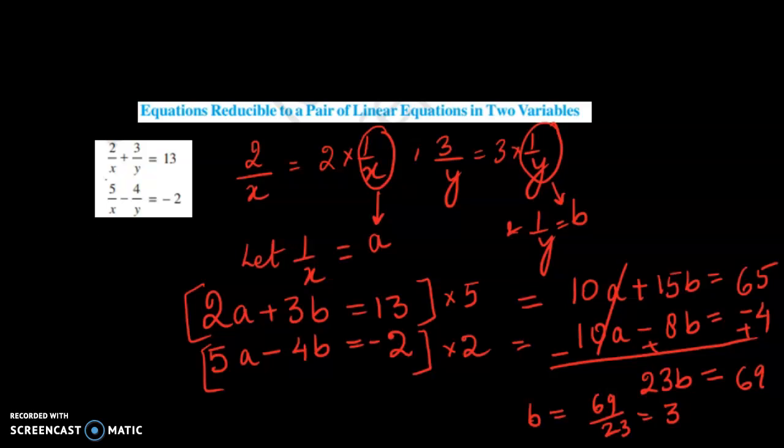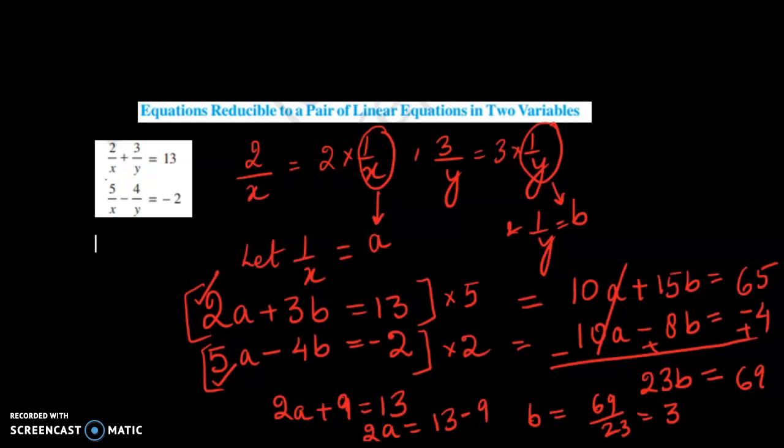And when I put the value of b in any one of these equations, I get the value of a. So 2a plus 9 is equal to 13. So 2a is equal to 13 minus 9.